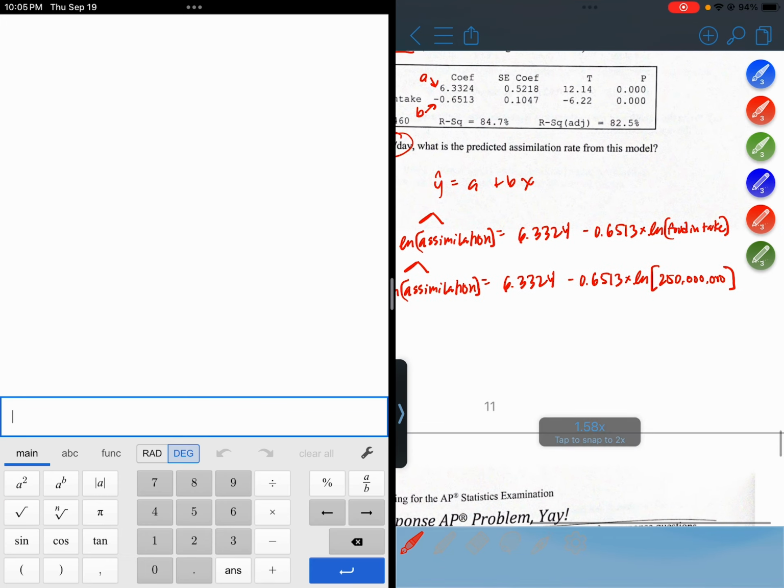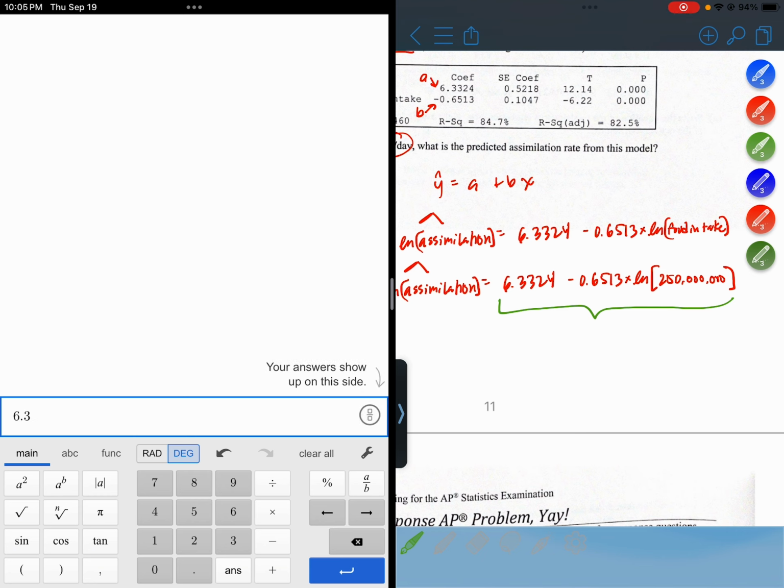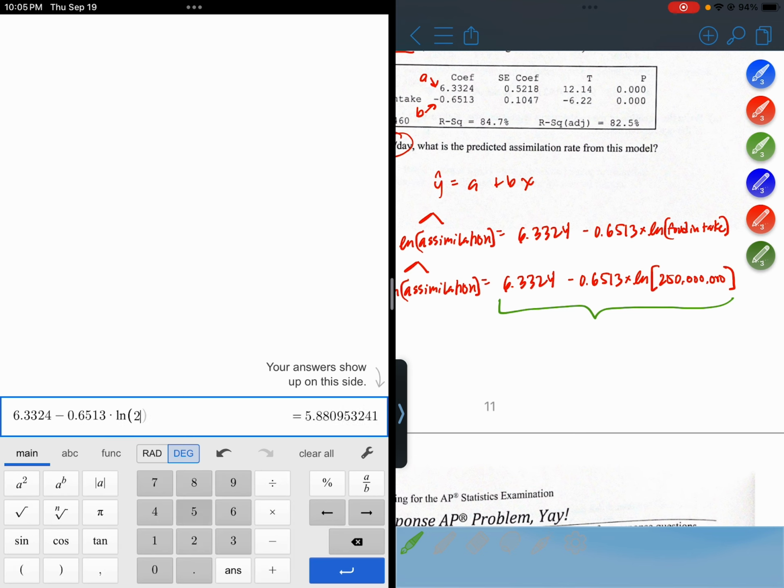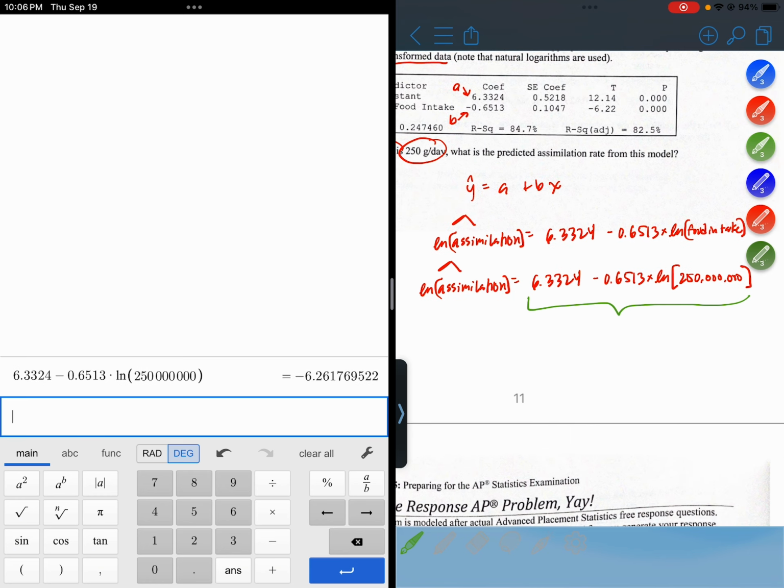So let's evaluate all of this on our calculator. 6.3324 minus 0.6513 times the natural log of 250 million. That gives us negative 6.26.